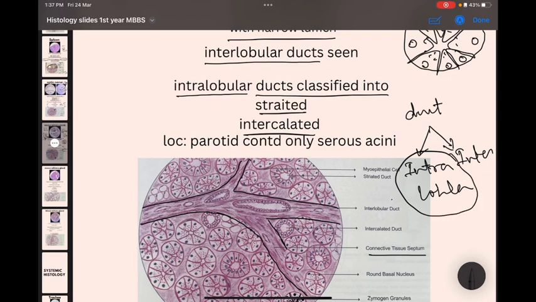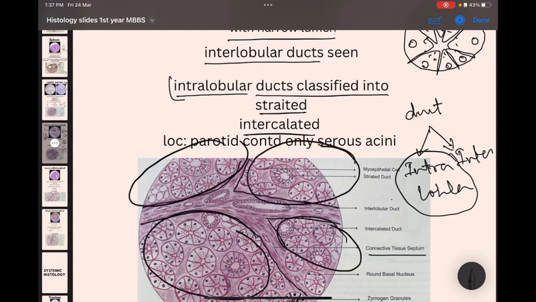We consider this part and this part as a lobule here. Whatever ducts come in this are called intralobular ducts, which are again classified into striated and intercalated. And then the rest is interlobular.